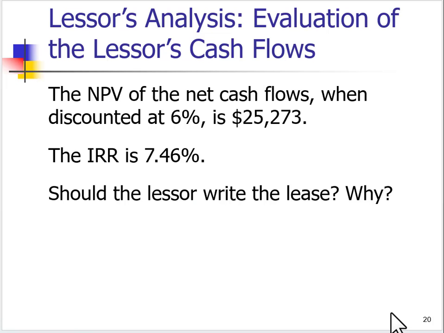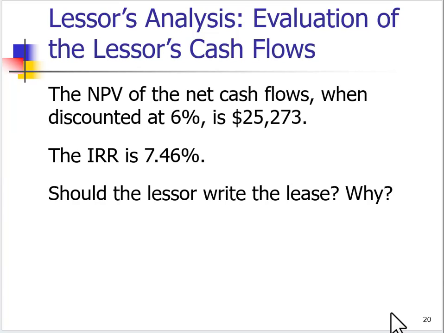Now, if you use the 6% discount rate from before, we're talking about a net present value of about $25,000. The internal rate of return is 7.46%. So the question here, should the lessor write the lease?